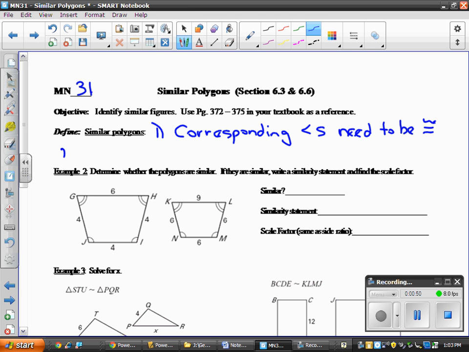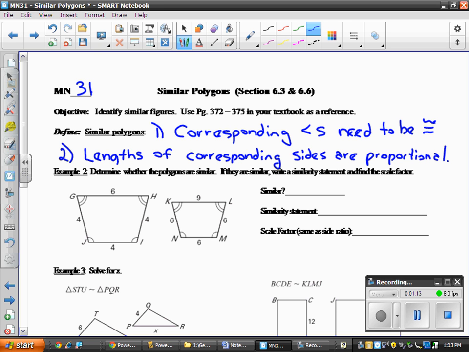The second part is dealing with the sides. The lengths of corresponding sides are proportional.